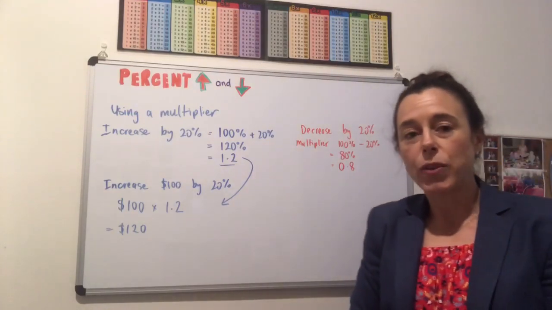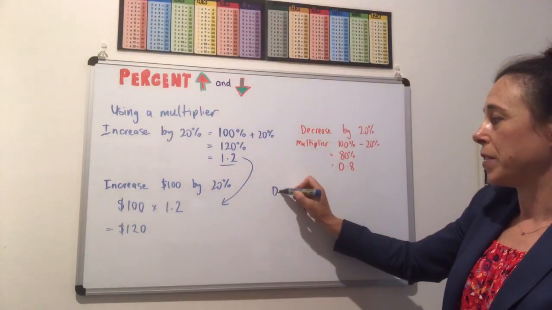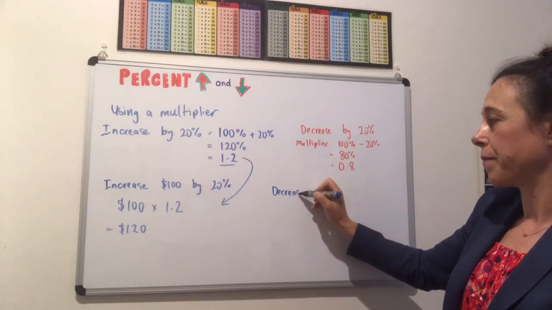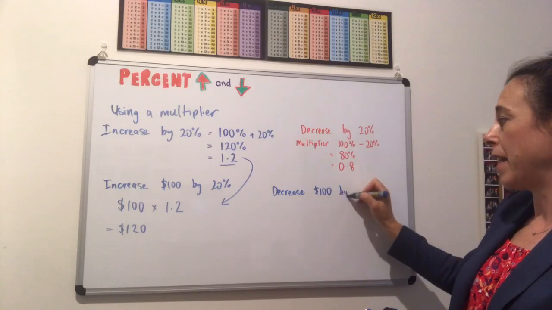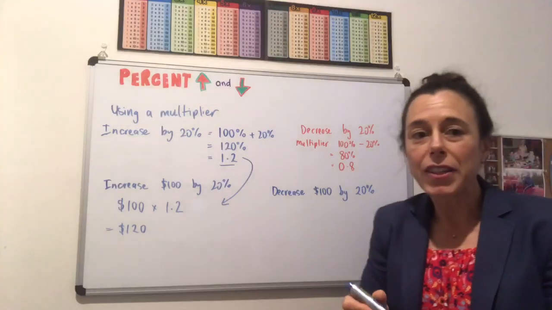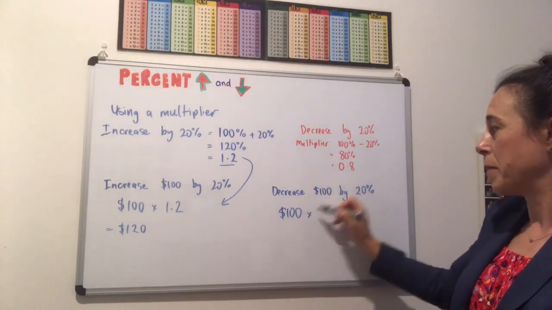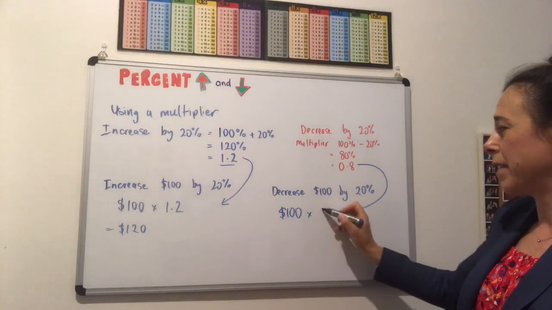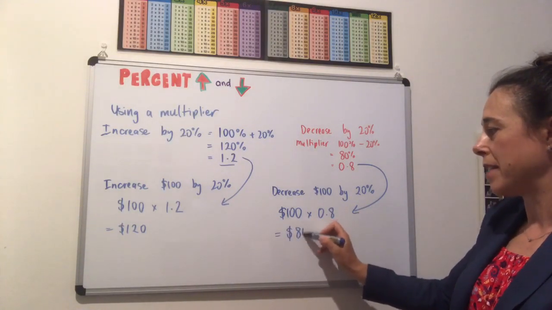Okay, so now to decrease our amount using a multiplier, we're going to decrease $100 by 20%. So all we need to do is our 100 times by our multiplier, which would leave us with $80.